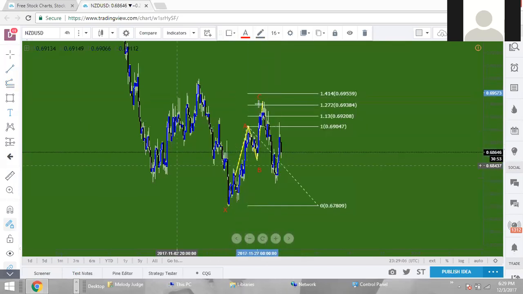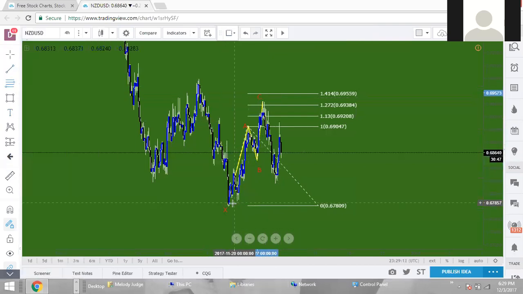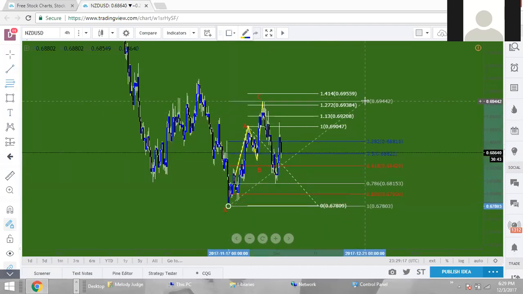Now, once we've identified C, we're looking for the market to come back down and retrace from our X to C move. We're looking for it to hit the 127, which it did perfectly.